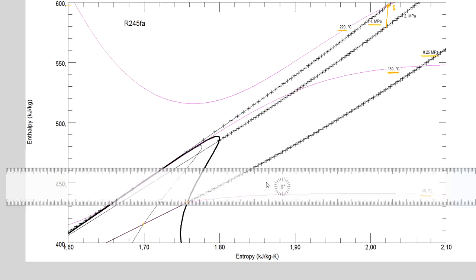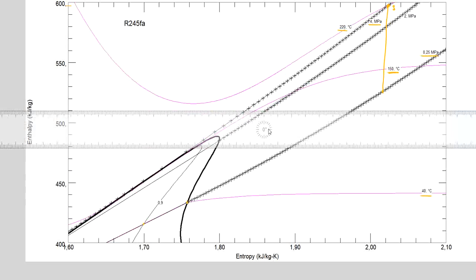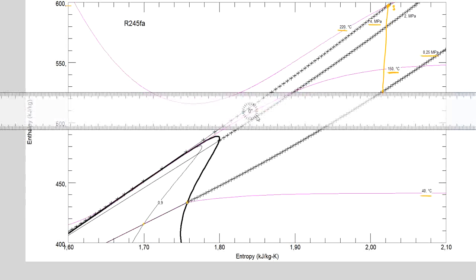Then we would have the vertical line for the expansion, and after the expander the value here of the enthalpy should be 528.99, so let's say 529 kilojoules per kilogram.